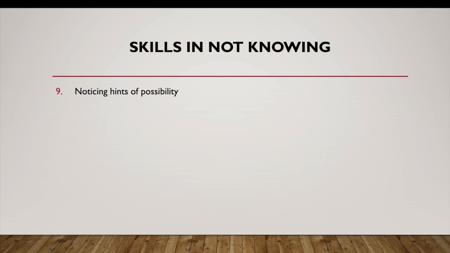Through careful listening, we will be able to find many hints of possibility. An important tip is that it is important not to get caught up with the client's past problem. Although we should respect their perceptions, we should try to encourage them to talk more about their solutions rather than their problems.